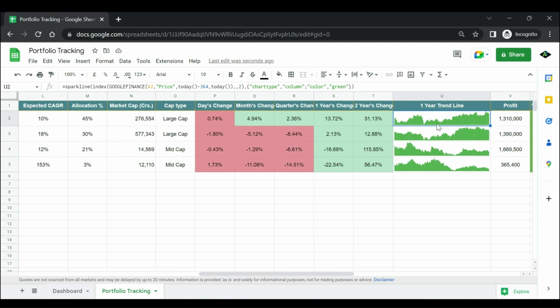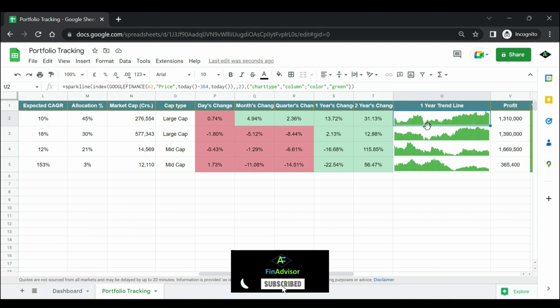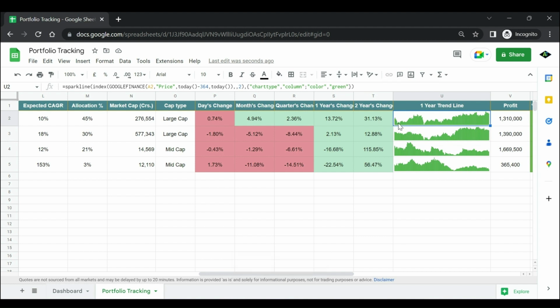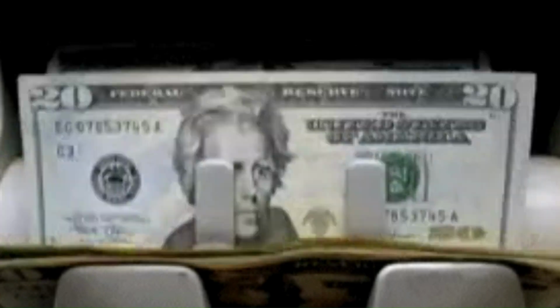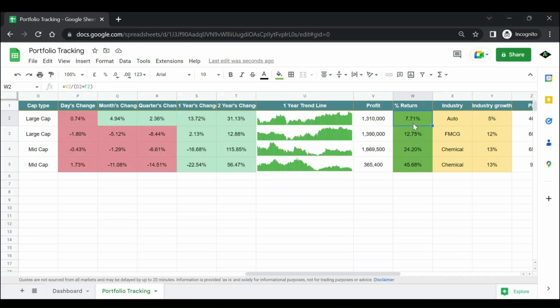Column U is also something that gives the trend line over a 1 year period, just to see the peaks and troughs during the last 1 year. Column V is something which will tell me the overall profit or loss for that stock. And then in terms of percentage, what is the percentage return based on the invested value.